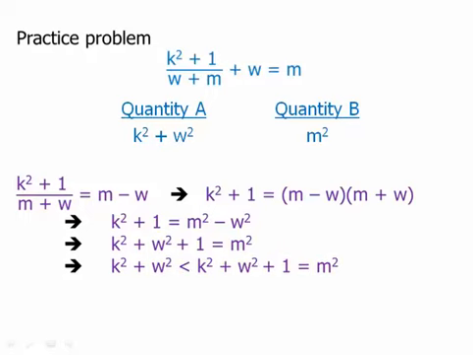So no matter what k squared plus w squared is, in fact we know it has to be a positive number of some kind, if we add 1, that's something bigger. And when we add 1, that equals m squared. So this definitively means that m squared is 1 bigger than k squared plus w squared. And so quantity B is always larger.